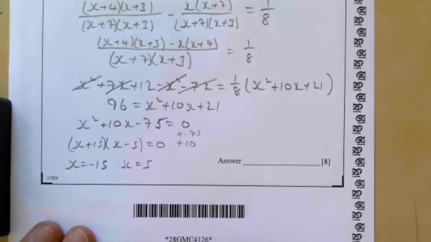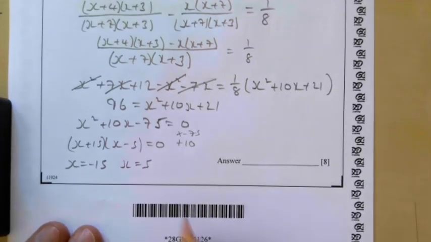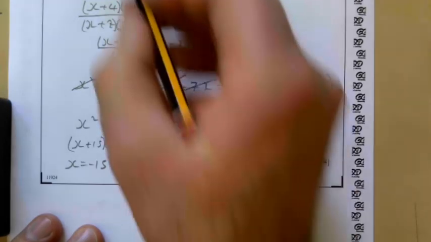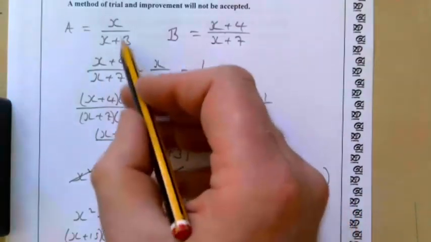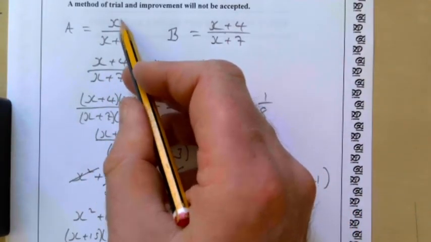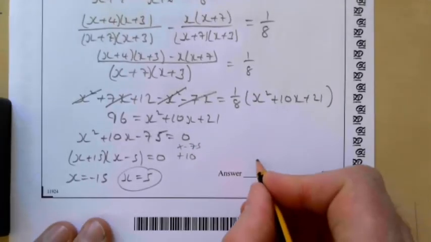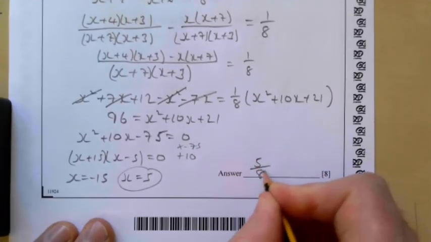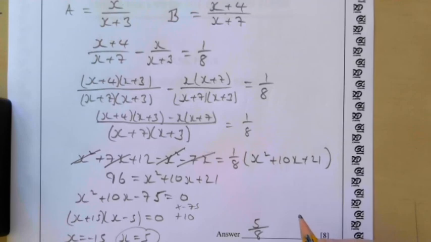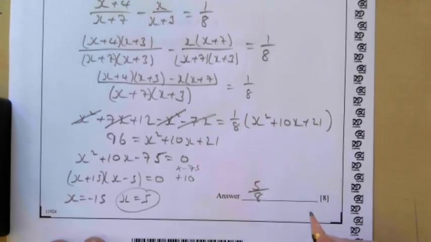We're obviously going to take the positive value here, and if x is 5 and we sub it back into this, we're going to get 5 over 8. You could take the negative one if you want. I think you end up with minus 15 over minus 12, but 5 over 8 is what we're looking for. That's us finished.